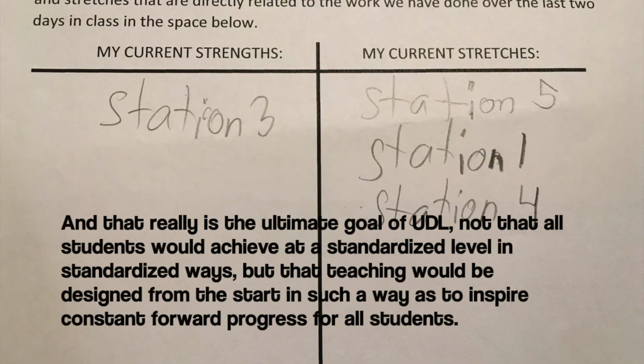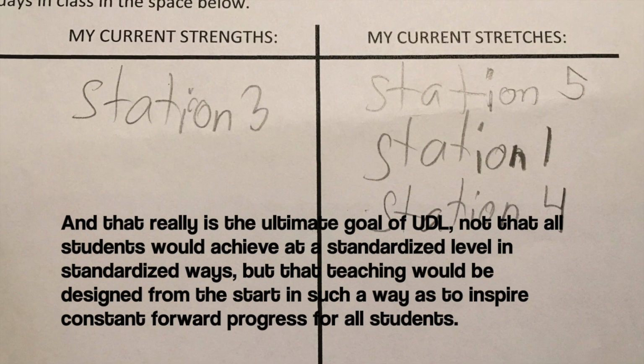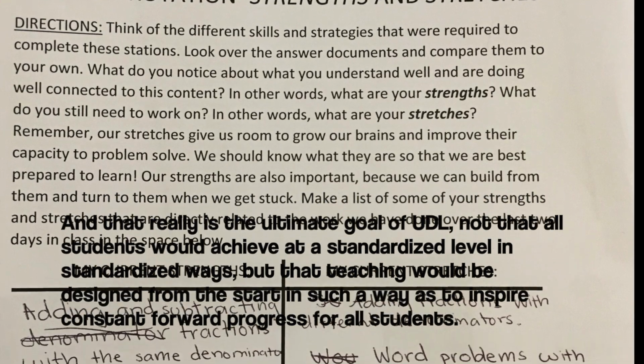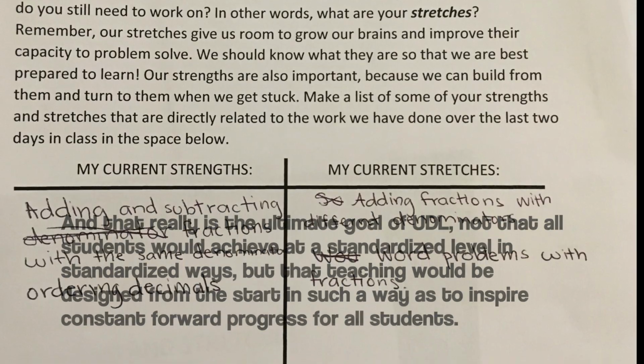And that really is the ultimate goal of UDL. Not that all students would achieve at a standardized level in standardized ways, but that teaching would be designed from the start in such a way as to inspire constant forward progress for all students.